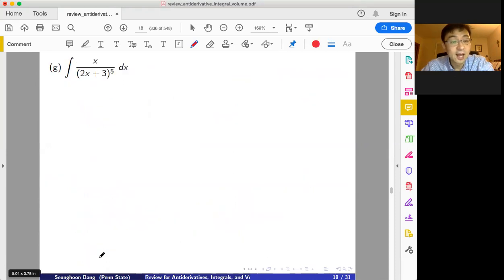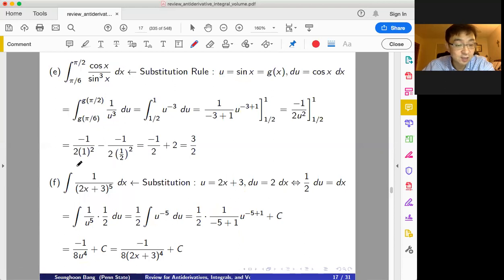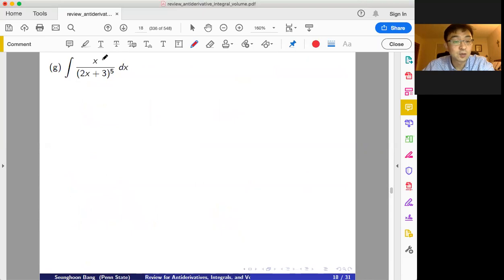The next one, x over (2x plus 3) to the 5. What's the difference? In this case we have an x in the numerator. This is the only difference, but it's the same u substitution: u equals 2x plus 3.